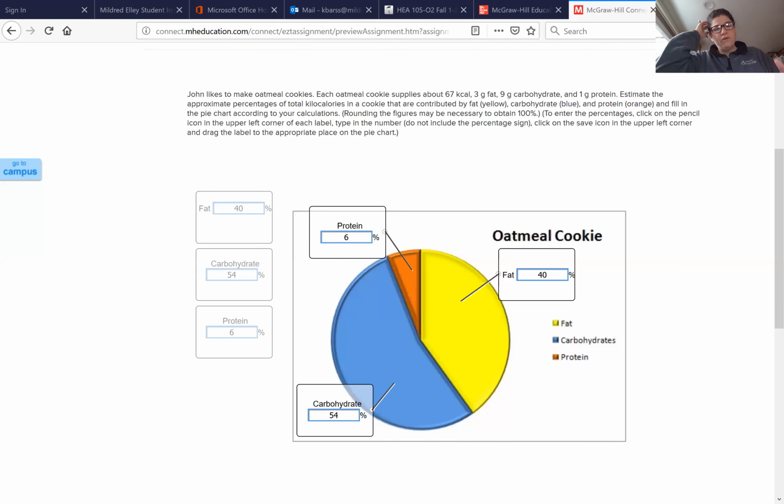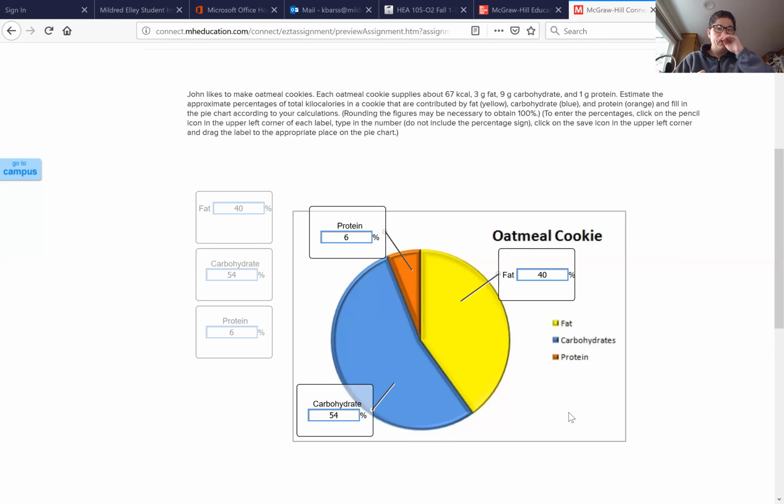So what I'm going to do is first share my screen and we're going to look at the question. Hopefully this is the one that most of you have sent me questions about. This is the question about John and his oatmeal cookie. John is eating a cookie and we know a few facts right off the top.